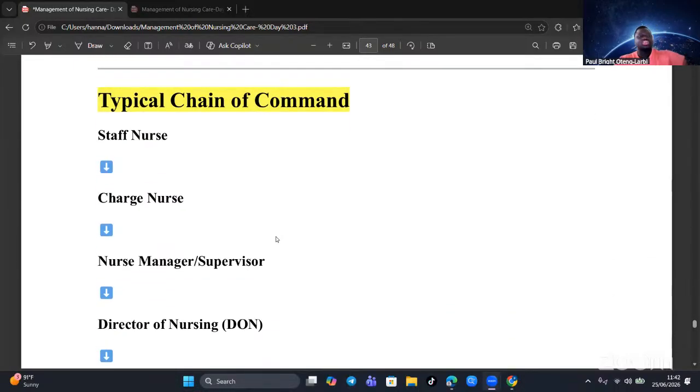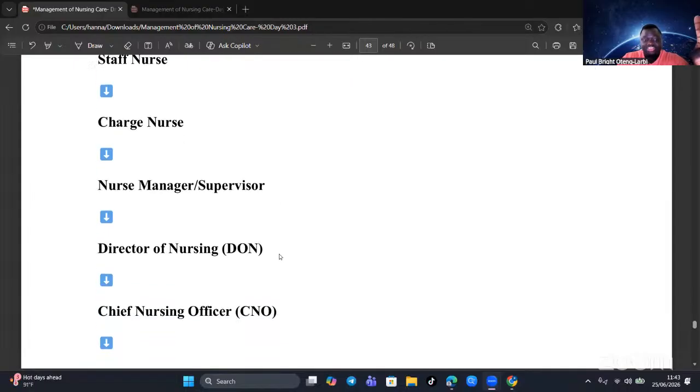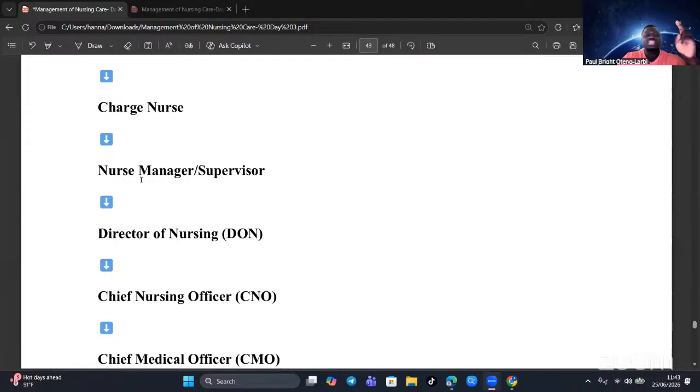That is it. So let's look at a typical chain of command in most hospitals. We are nurses, so I'll start from nursing. When we go to work, among the nurses, one will be taken as a charge nurse. Above the charge nurse, there is a nurse manager or supervisor. Then above the nursing supervisor, we have the director of nursing. In Ghana, we call it DDNS.